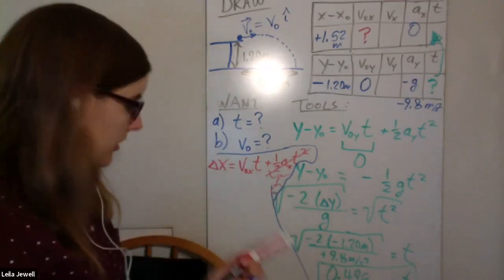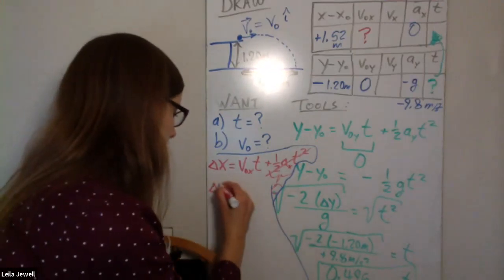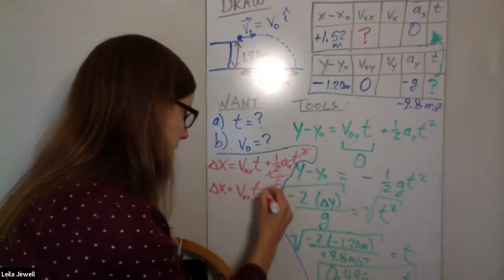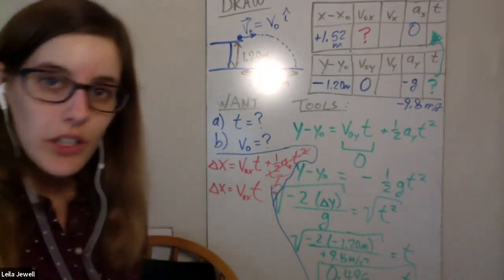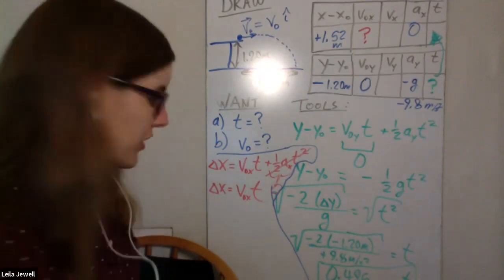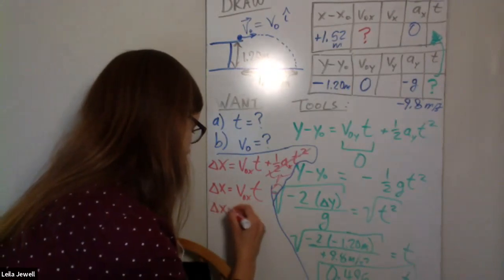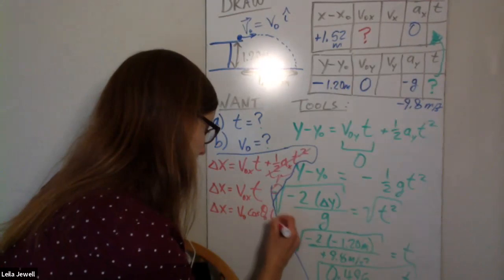So what does this mean? It means that we have delta x is equal to v0x times time. And that's it, right? If we wanted to, if we weren't convinced it was purely horizontal, we could write this as delta x is equal to v0 times cosine theta 0 times time.